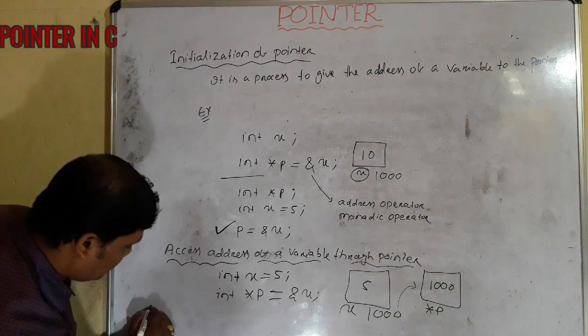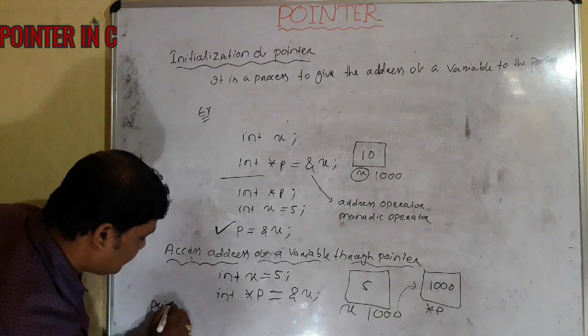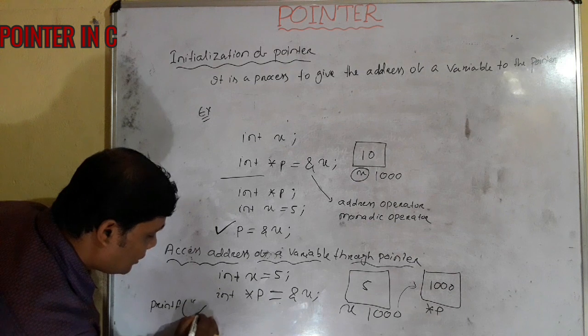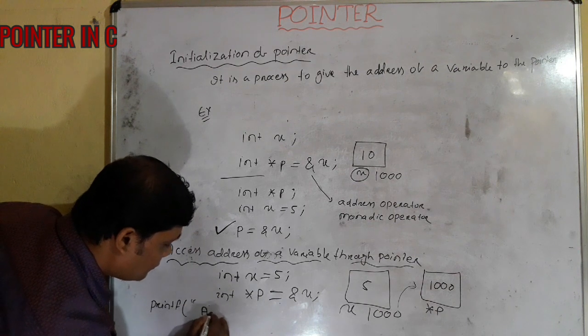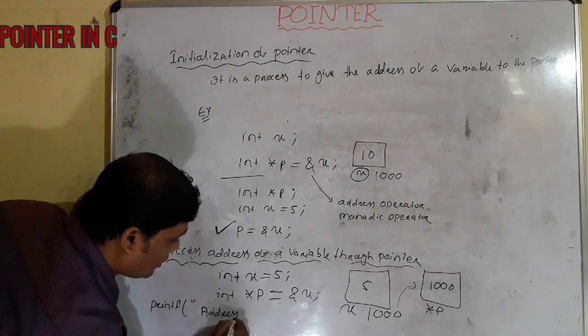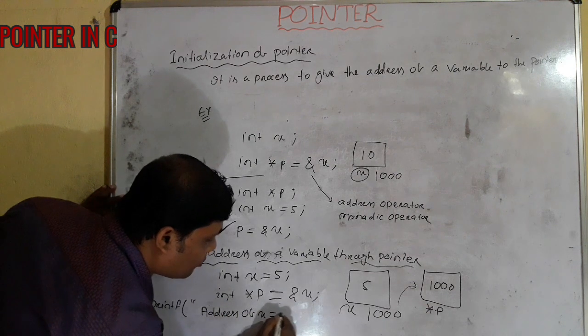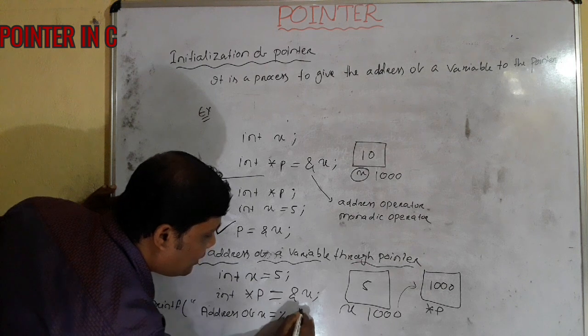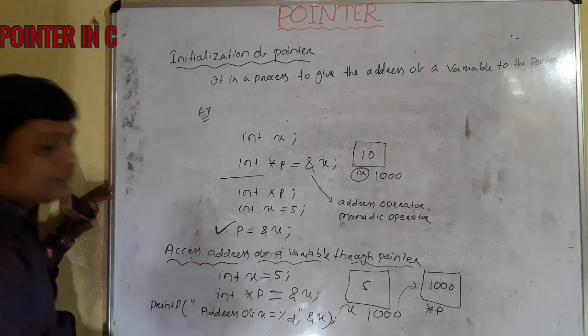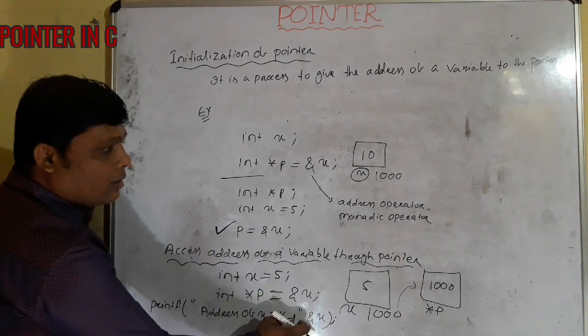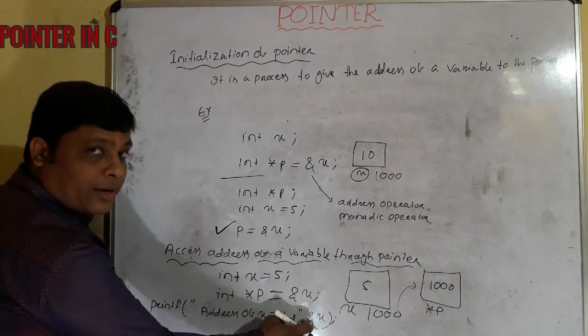How to access the address of a variable? You can see, if I print the address of x equal to %d, then &x. This is the monadic operator or address operator. It gives the address of a variable.